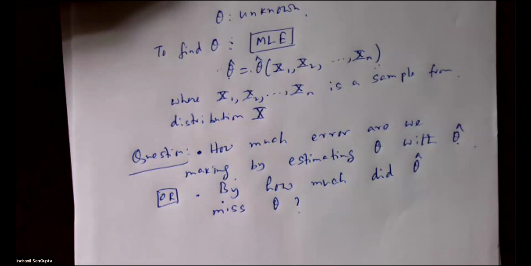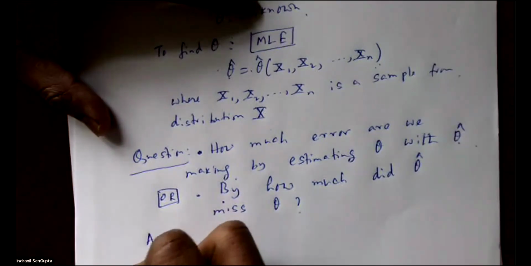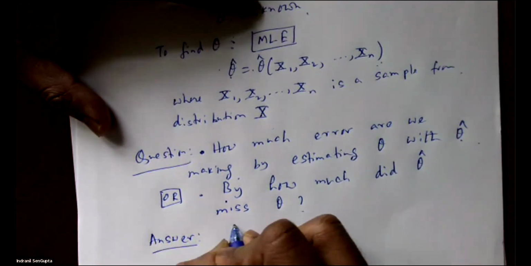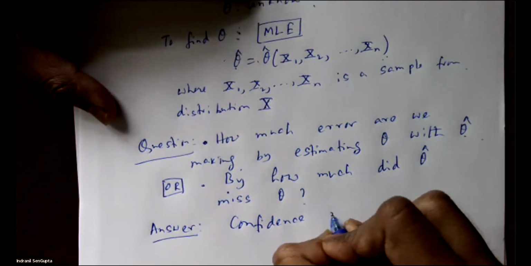We'll be trying to explain this in this section, and this error is estimated in terms of the confidence intervals. So the answer is in the confidence interval. We'll see what it means.